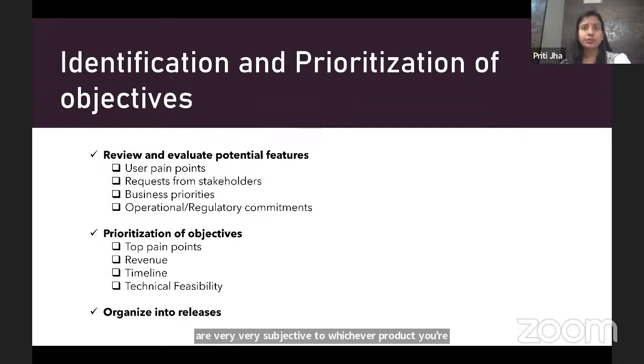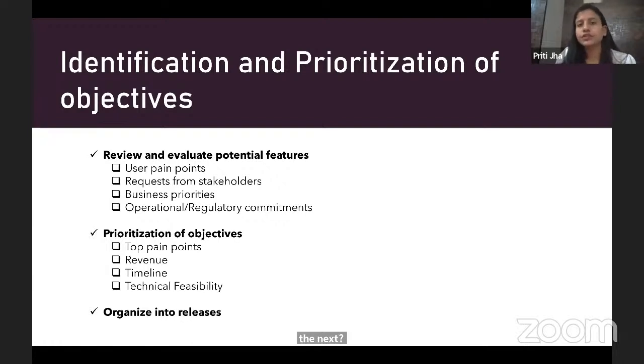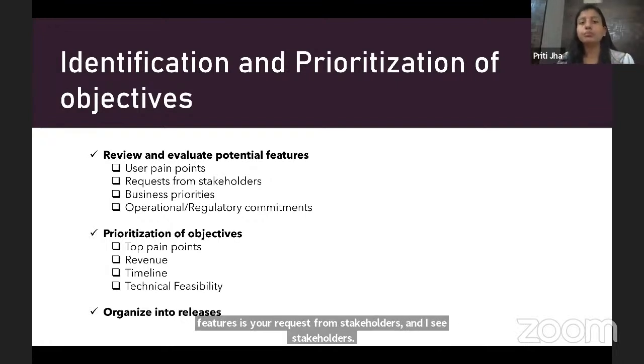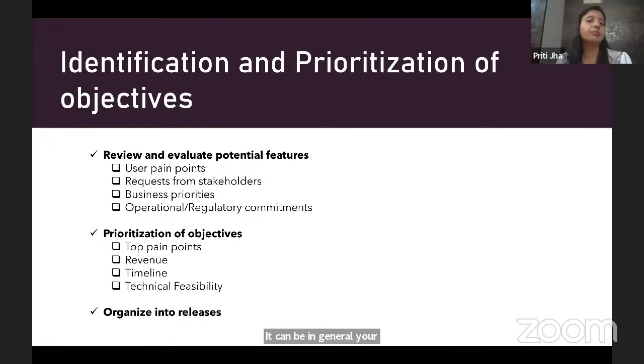And the next aspect can be what feedback, if at all, my users are giving. It's very important for us as PMs to always have visibility on what feedback my users are giving me. Having said that, the next area from where you would get your potential features is requests from stakeholders. When I say stakeholders, it can be in general your business stakeholders, your operations team.